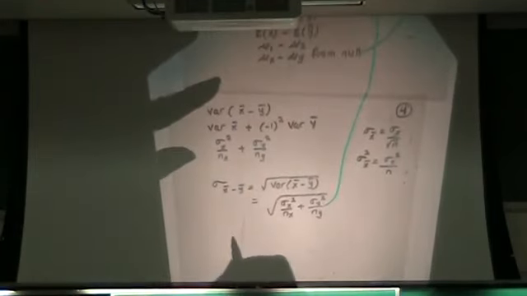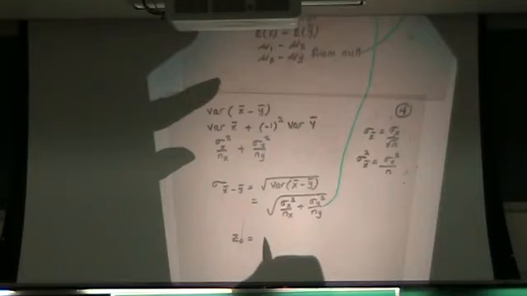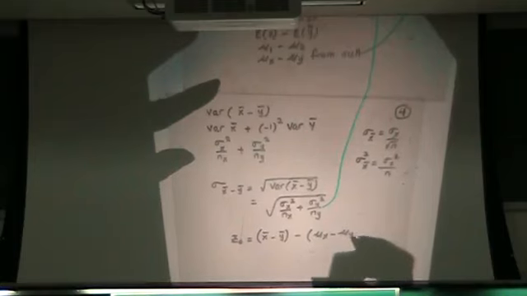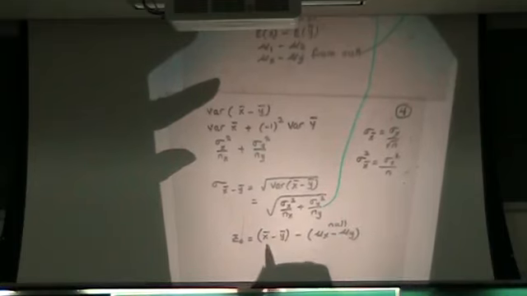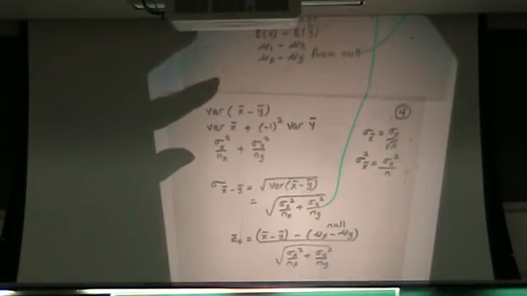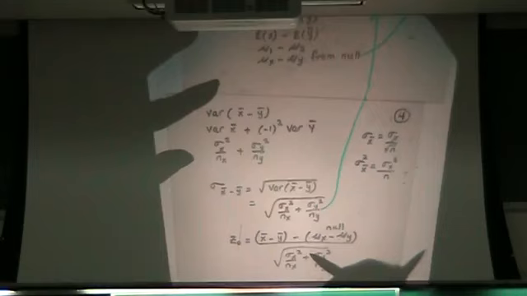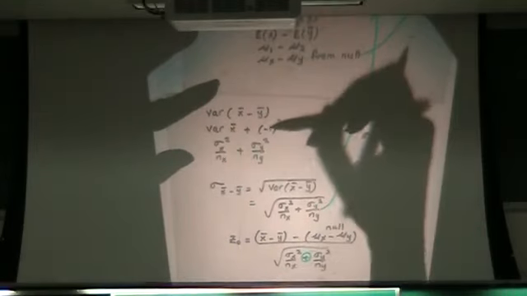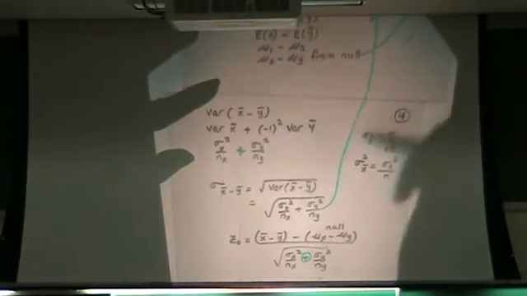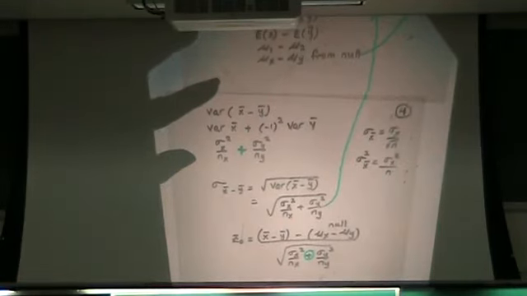So I have this formula, Z0 equals x bar minus y bar minus mu x minus mu y from the null, divided by the radical of sigma x squared over nx plus sigma y squared over ny. I want to point out to you that this is a plus because this -1 got squared. So this is a plus, okay? Don't make the mistake of writing minus there.